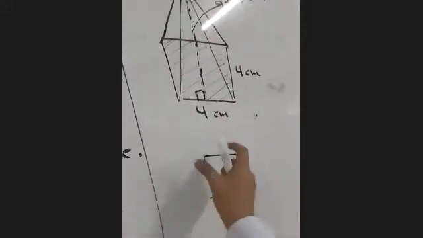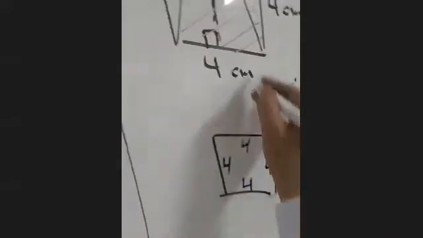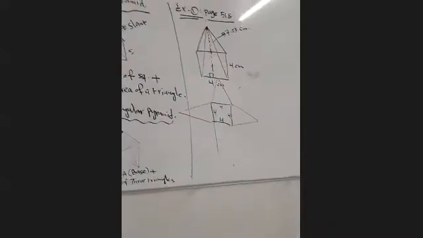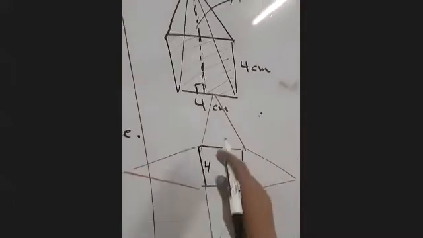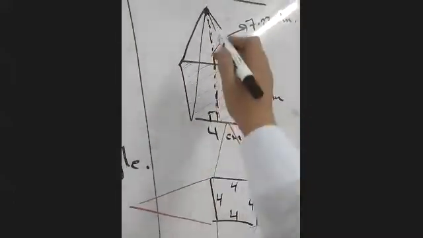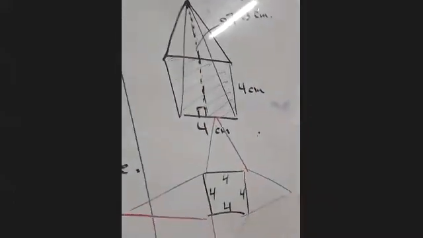On each side, we have a triangle. So here we have a triangle, here a triangle, here a triangle, and here another triangle. It's like a star.